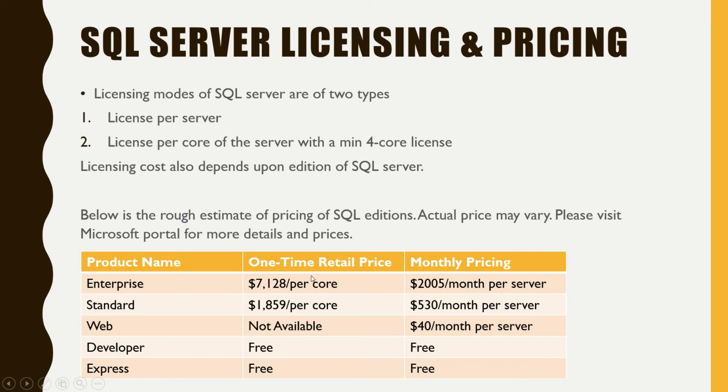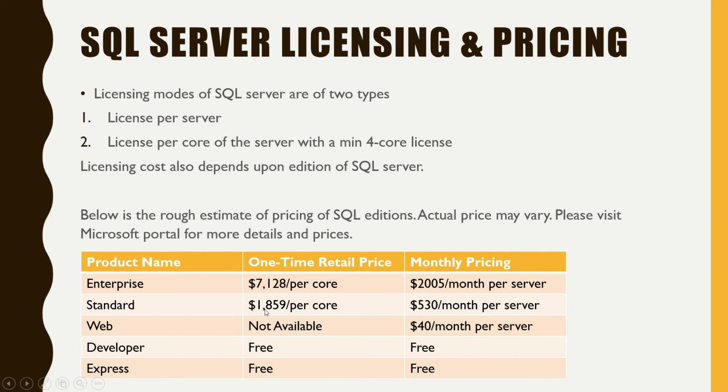If you want to purchase it, then you need to buy it for the number of cores you will be using in your CPU. And if you want to use it for some time, then you can use it on a per server per month basis. Enterprise Edition can cost around $7,100 per core in retail price, whereas the monthly charge per server is around $2,000 per month.